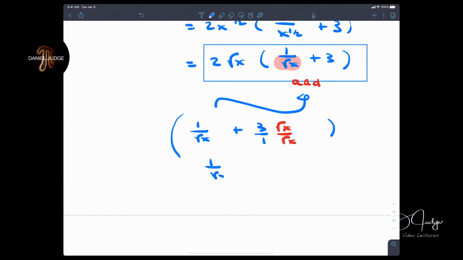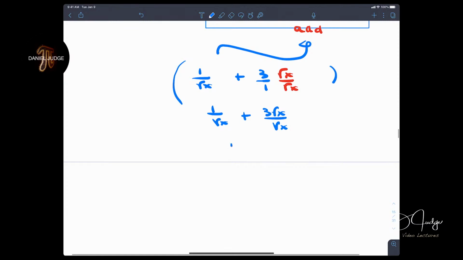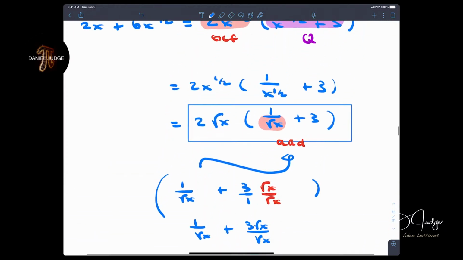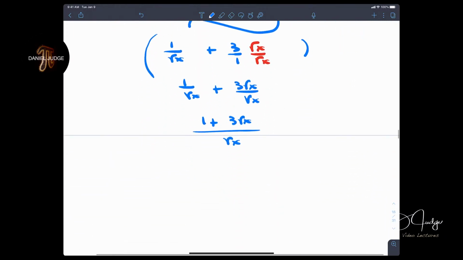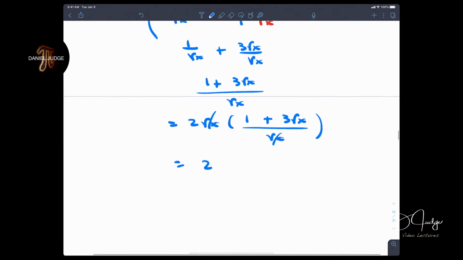So you get 1 over the square root of x plus 3 square root of x over square root of x, which is 1, 3 square root of x over that square root of x. So you get 2 square root of x, 1 plus 3 square root of x over the square root of x. Square root of x cancels. 2, 1 plus 3 square root of x.